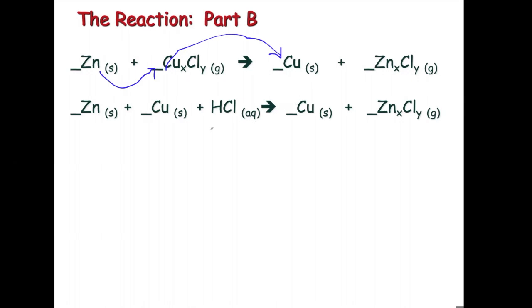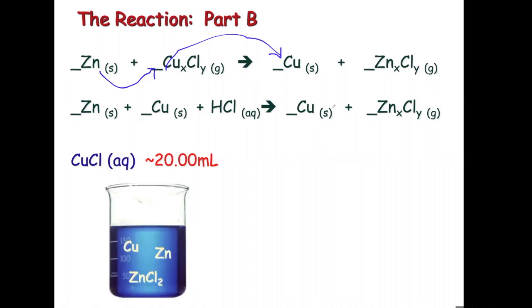What happens is that the chemical reaction by which this takes place is zinc, copper, and hydrochloric acid, and you would get that. So the reaction calls for about 20 mils of copper chloride. It's blue because copper ions are generally blue.